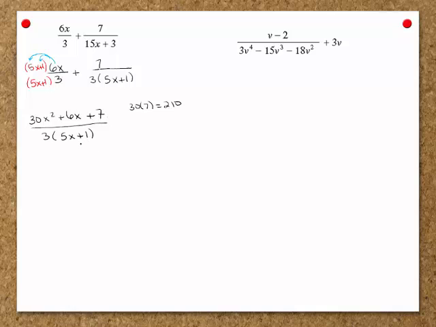I still need to find my excluded value, and so I've got that 5x plus 1 equal to 0, so that would give me x is equal to negative 1 over 5. So my excluded value is x is equal to negative 1/5.